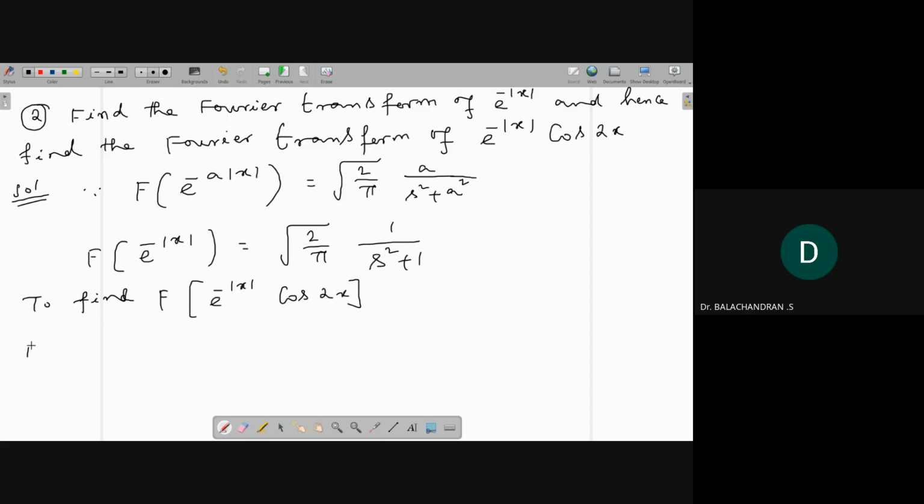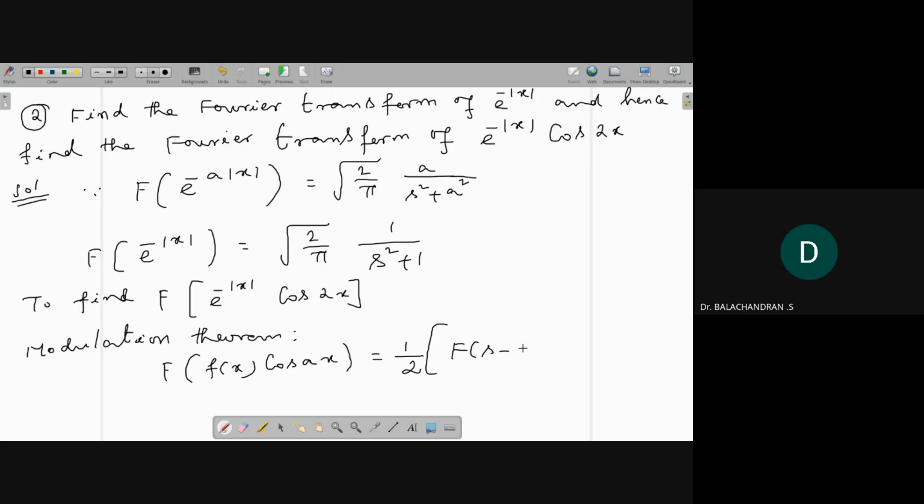The modulation theorem is: the Fourier transform of f of x into cos ax is equal to 1 by 2, where 1 by 2 is common, f of s minus a plus f of s plus a.